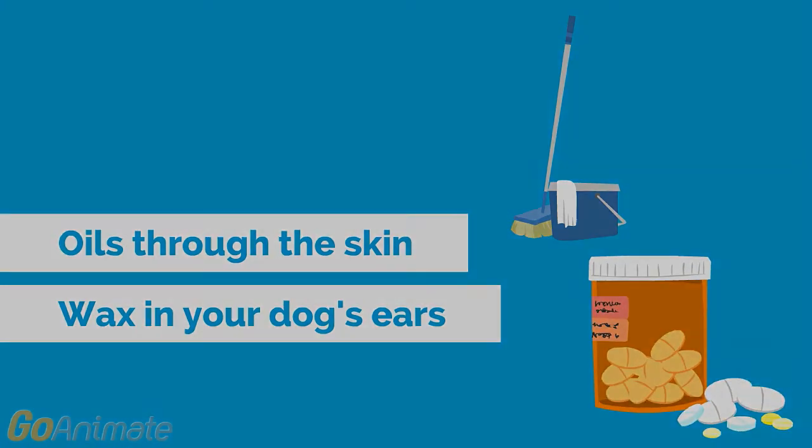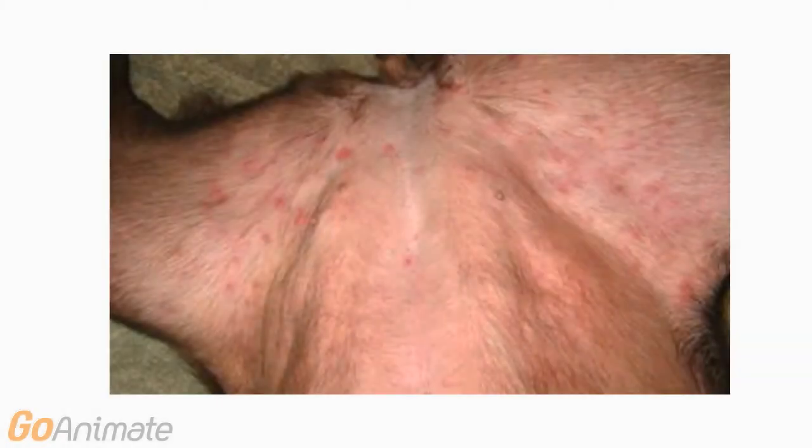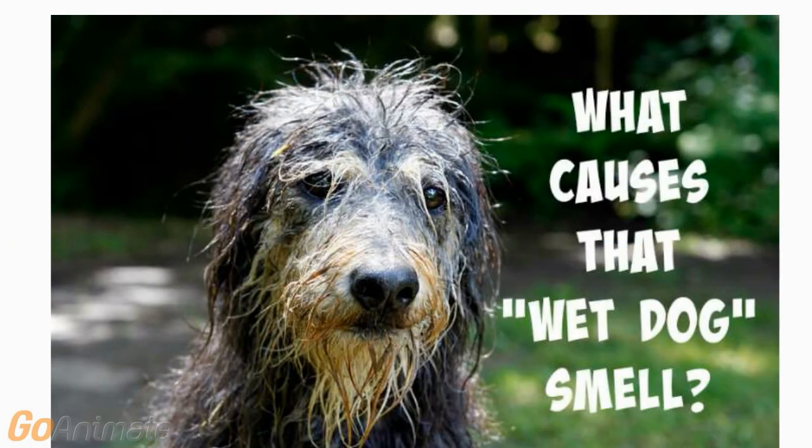When the starches come out with the oils on the skin, it causes hot spots and rashes. The reason why is a dog's pores are designed to process oils. They aren't designed to process fermented starches. And it's also the reason that your dog, right after you give it a bath, smells like a wet, stinky dog.